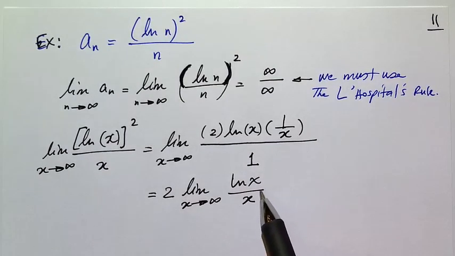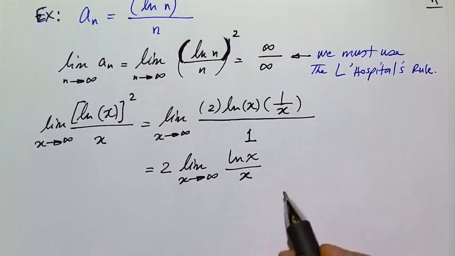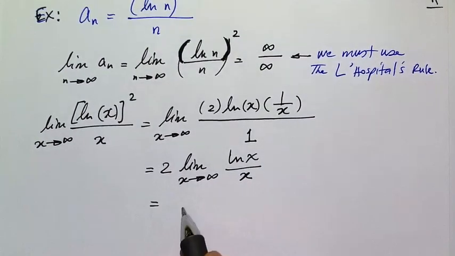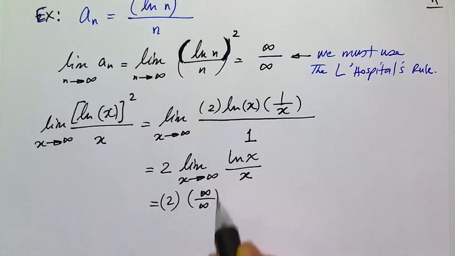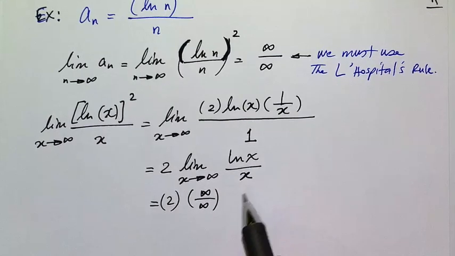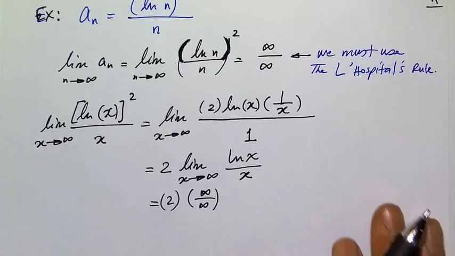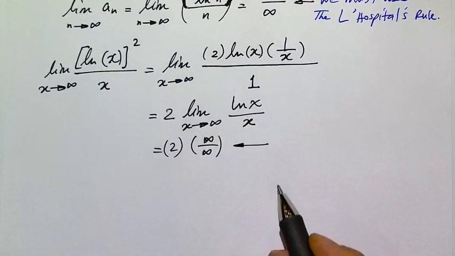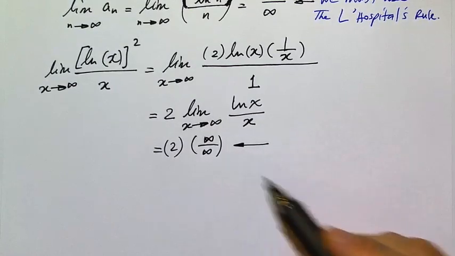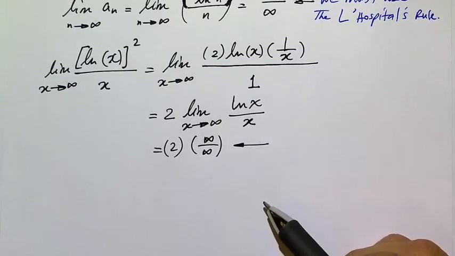So if we apply the limit, what will we get? Once again, we will get 2 times, again, infinity over infinity, right? Do you remember what we need to do at this point? We'll have to apply the L'Hopital rule again, this time to that.